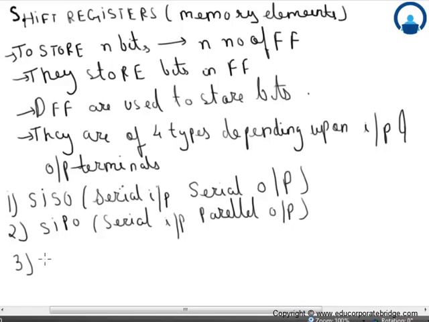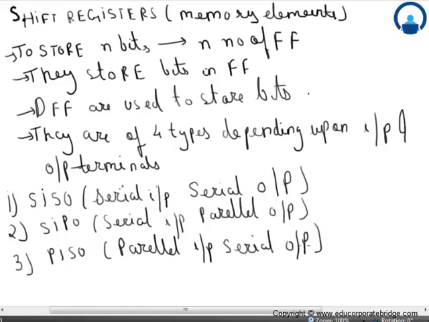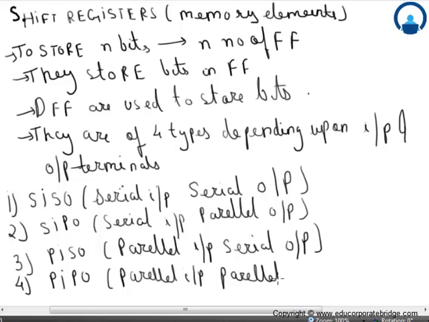The third type is PISO, that is parallel input, serial output. And the fourth type is PIPO, which is parallel input, parallel output.